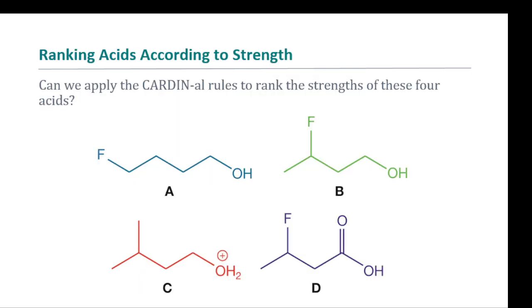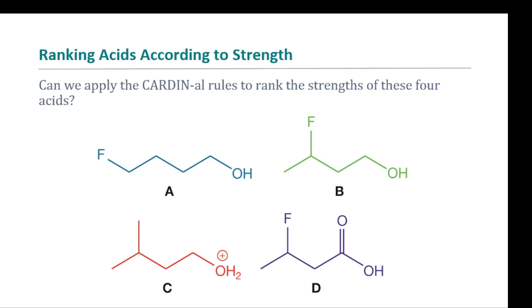Okay, so let's go ahead and rank these and try to predict. So, can we apply the cardinal rules to rank the strengths of these 4 acids? Rank me these 4 acids. What's going to be the most acidic? Okay. See, that'd make a lot of sense. What's the next one? D. Okay, that would be a pretty significant acid. Yep.